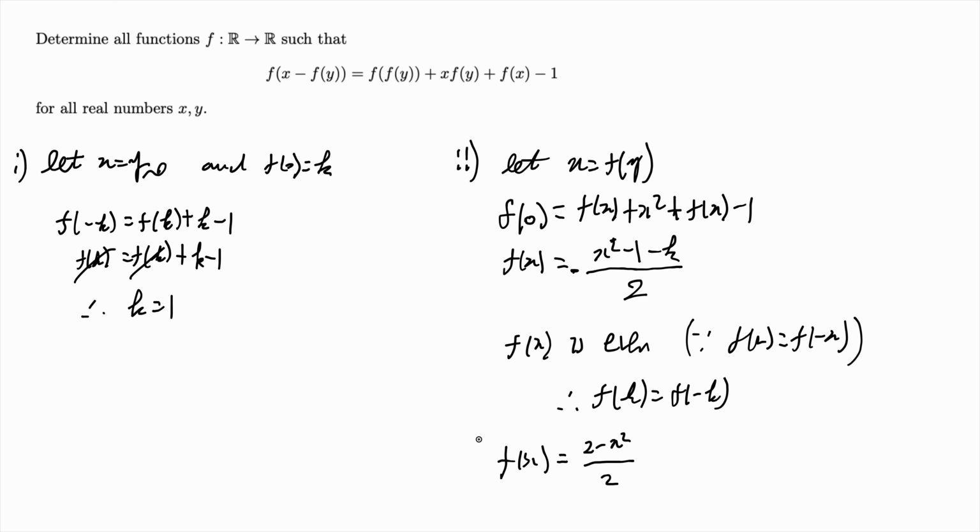Usually for problems involving functional equations, we need to prove that this is the only solution. The common technique that we use is to prove it using the if and only if condition. So if this is true, then this is true. Now the converse must be true: if this is true, then this is true.